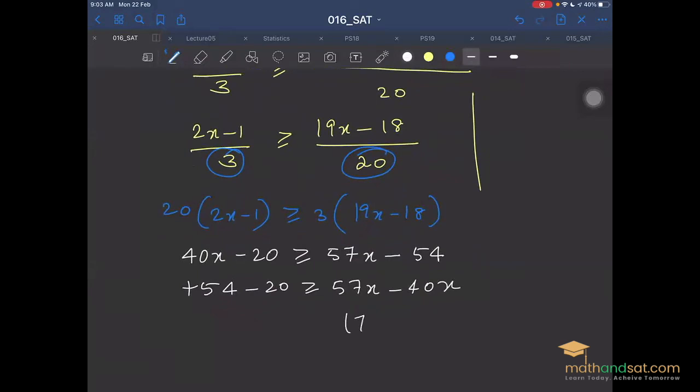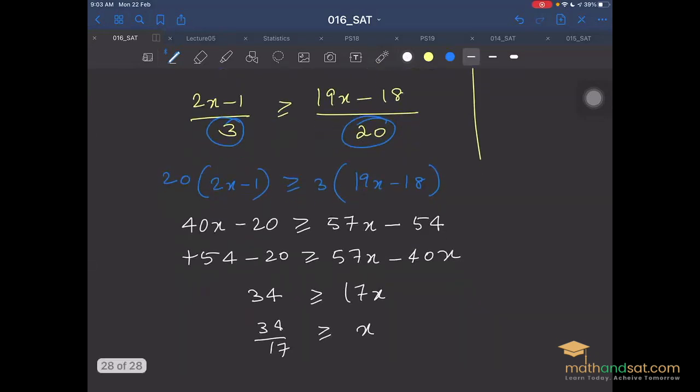So this is 17x greater than or equal to 34. Your x is greater than or equal to 34 divided by 17, so 2 is greater than or equal to x. Your x is less than or equal to 2. This is the solution.